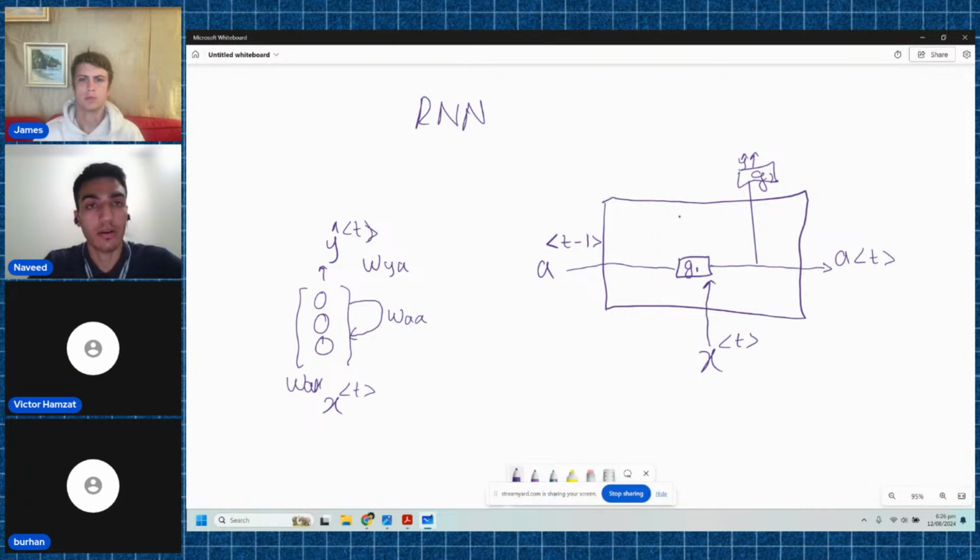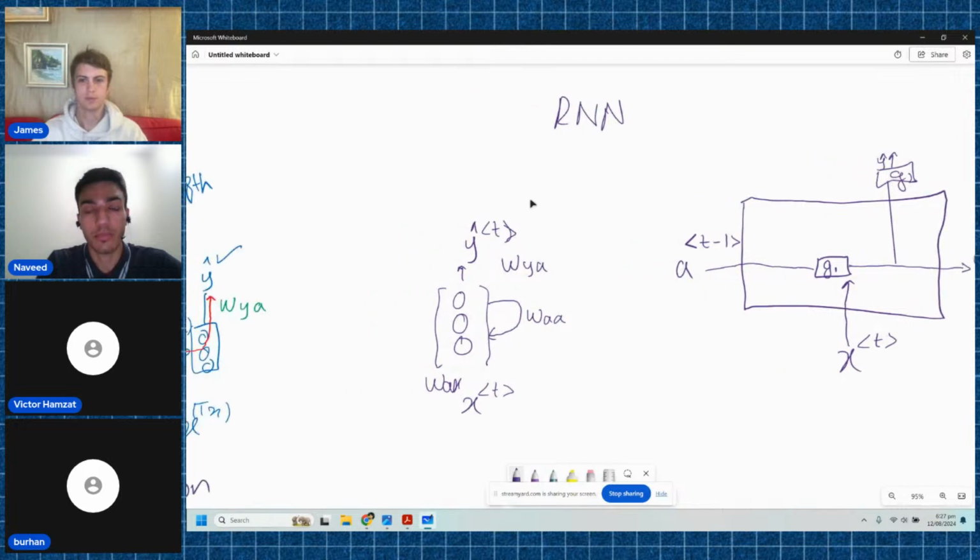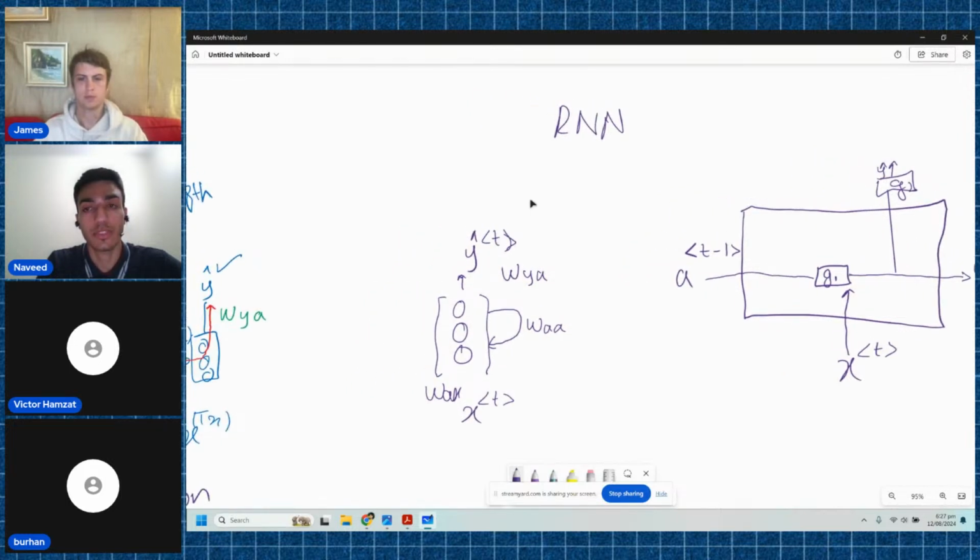Now, things don't stay here. There are a lot more variations performed on these recurrent architectures in order to make them even more powerful. In a while, I'll show you an even scarier diagram where there are lots of connections. But first, let's quickly talk about how you would implement gradient descent through such a network, or how you would train such a network through backpropagation.